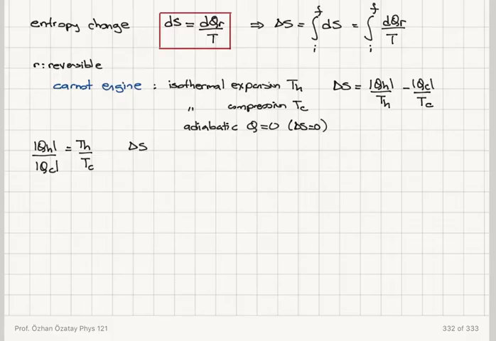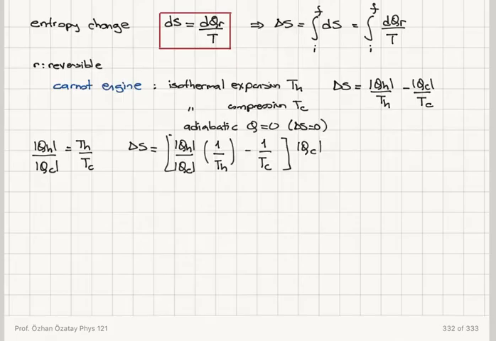So the entropy change will be QH over QC times (1 over TH minus 1 over Tc), multiplied by QC.